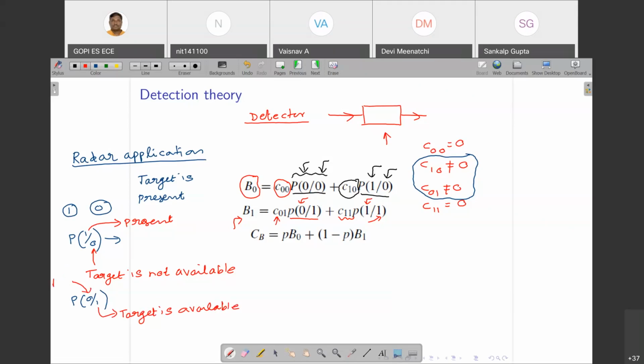It is absent. The target is available, but you are saying that it is absent. This is also an error. But what do you think is more crucial, the first one or the second one? Type it in the chat window. What is more crucial in the radar application? Do both errors have an equal impact?